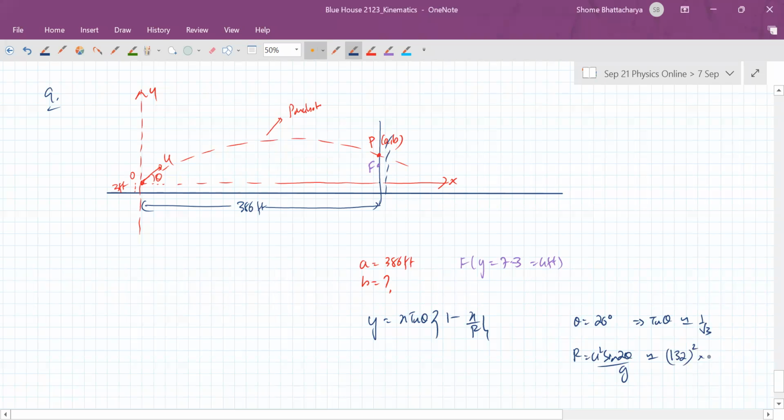Sine 2 theta we take approximately as root 3 by 2, sine 60, divided by g, 32 feet per second square. So this will be R in feet. You get this value, and now in this you substitute X as A, which is 386 feet. Find the value of Y, which is B. Then your answer is that whatever your B minus 4 is, that is the distance by which he misses the ball.